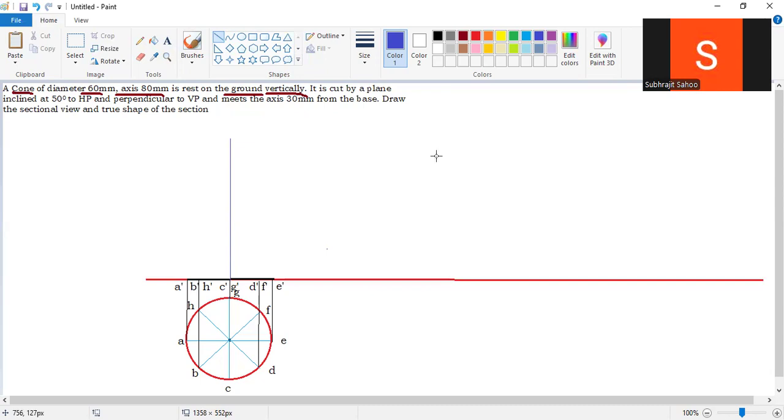Then what is the next step? Next, join all these generators. Which generator is this?